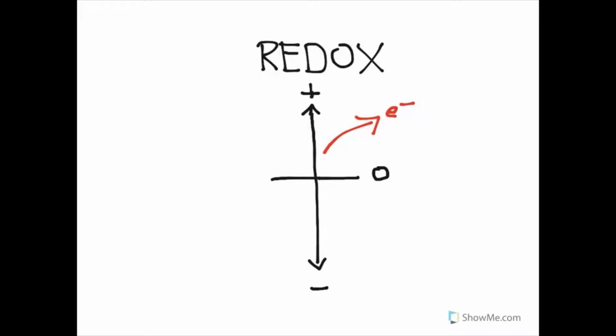Or we can take electrons and add them in to make the charge go more negative, because now the negative electrons outweigh the number of positive protons. And this movement of electrons, either removing them or adding them, is the basis for redox reactions. Redox reactions, reduction and oxidation.